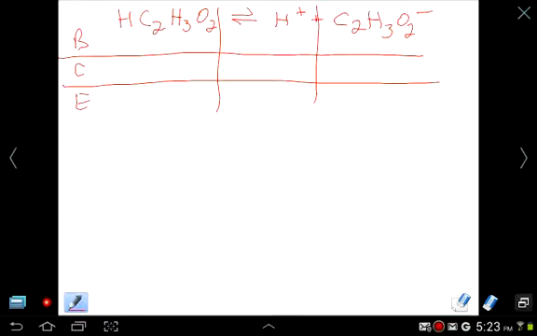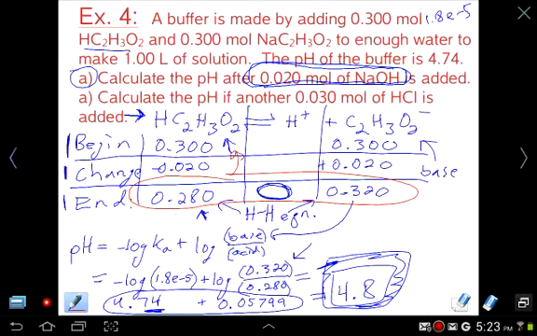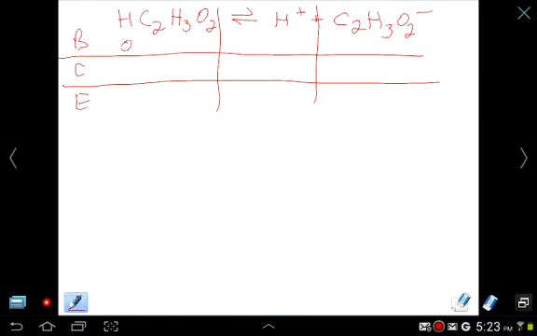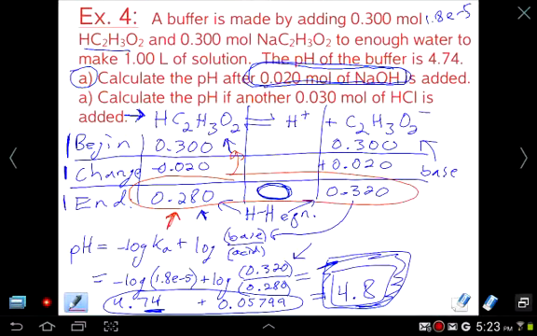And so we began, if you recall, with 0.280 and 0.320. Now for the change, it says that we are adding another 0.030 moles of a strong acid, HCl.